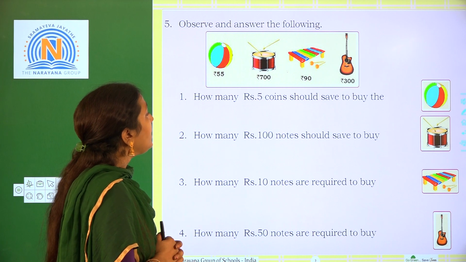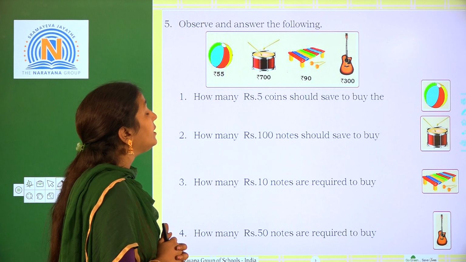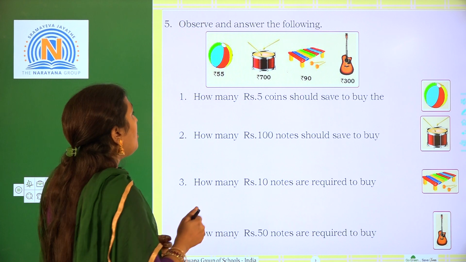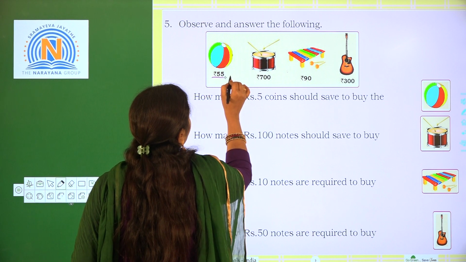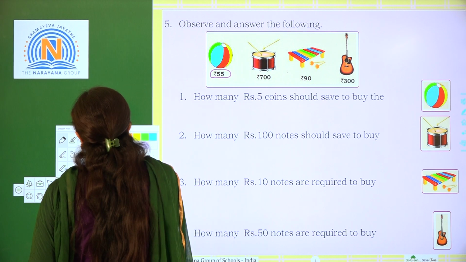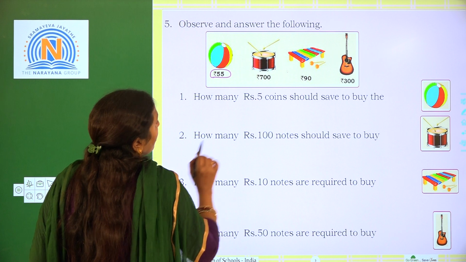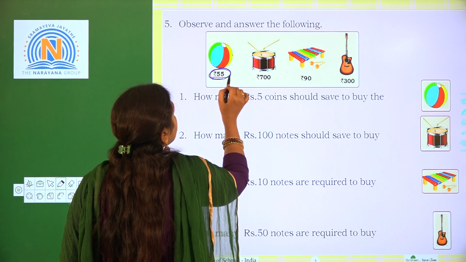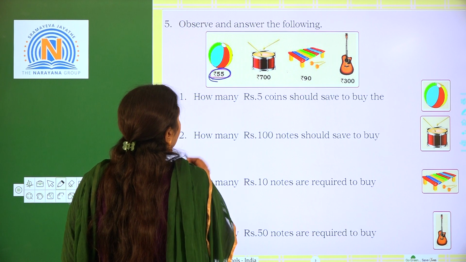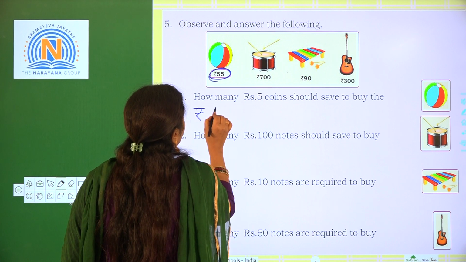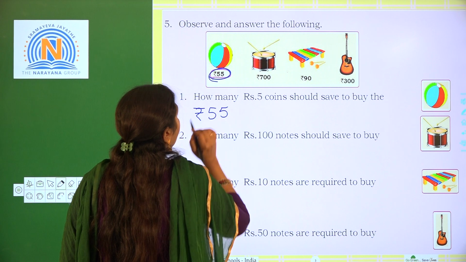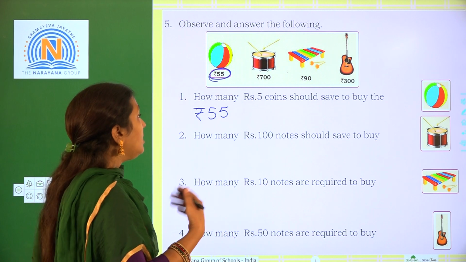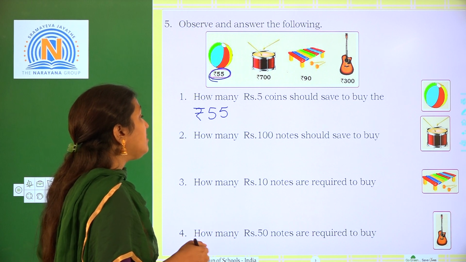Now, how many 5 rupee coins should we save to buy the ball? How many 5 rupee coins are required? The cost here is 55 rupees. So how many are required to buy, children?